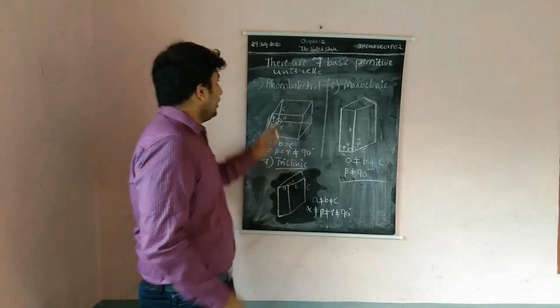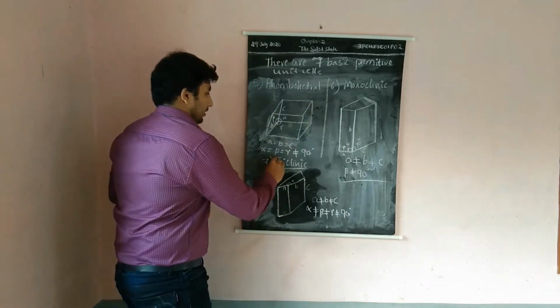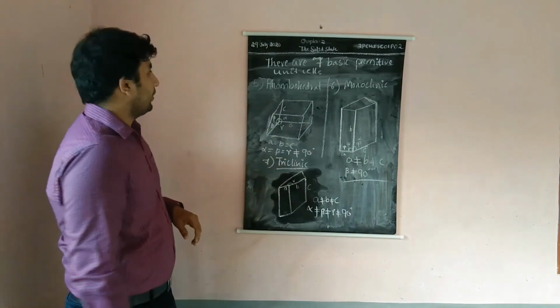Let us see another three primitive unit cells. The other three types are rhombohedral, monoclinic and triclinic. So let us see one by one.